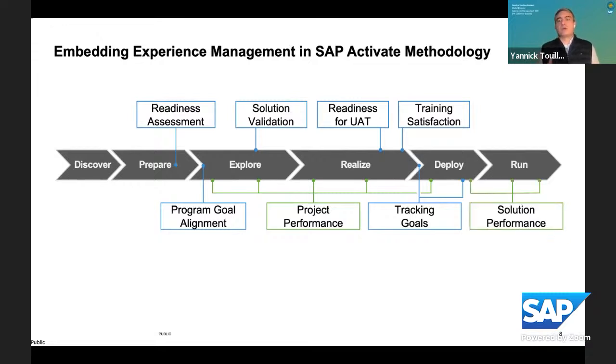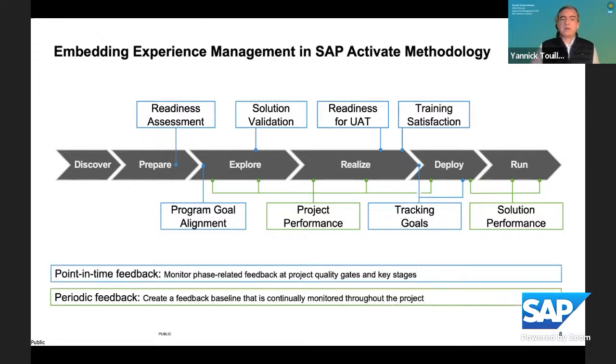And then to make sure that also during the run phase, end users are satisfied with the solution, but also that the solution is run properly. So that's kind of it in a nutshell. And as you can see here, there are different ways to collect feedback. Either it's going to be a point-in-time type of feedback, or on the other hand, it could be a periodic feedback, where you're going to ask the same type of questions at different phases of the project. So that's the approach here, and this is why we'd like to bring that to you today.